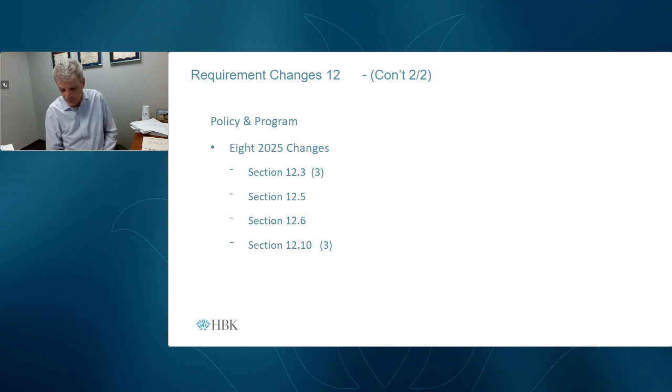Cryptographic protocols have to be reviewed once every 12 months. Hardware and software technology is reviewed once every 12 months. Service providers documented in section 12.5, so every 6 months you have to look at that, or when you've made significant changes.